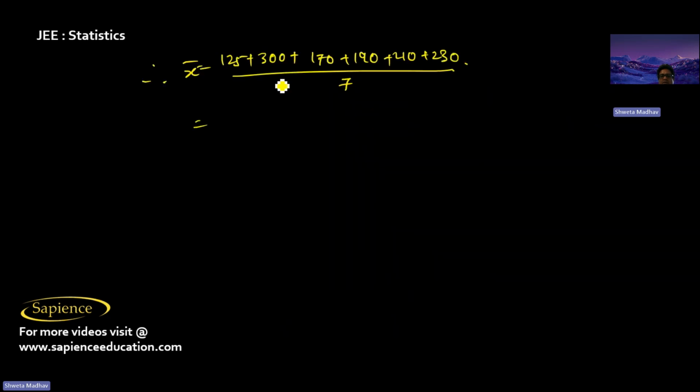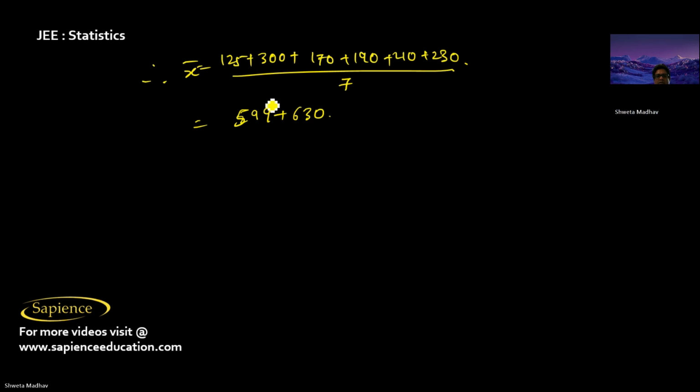So that will be equal to 55 plus 170, that is 295. 295 plus 300, that is 595, plus 190 plus 10, that is 200. 200 plus 200, 400. 400 plus 230, that is 630.